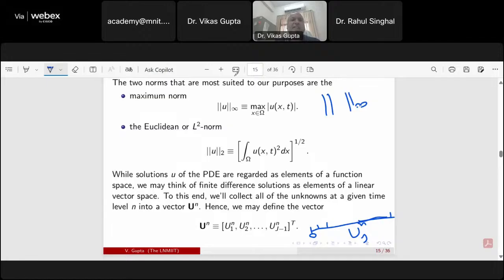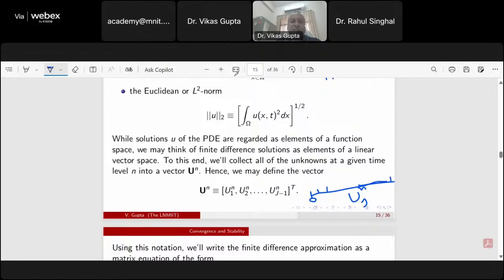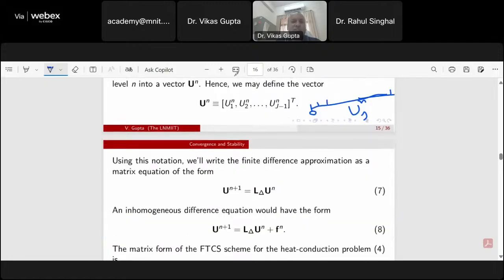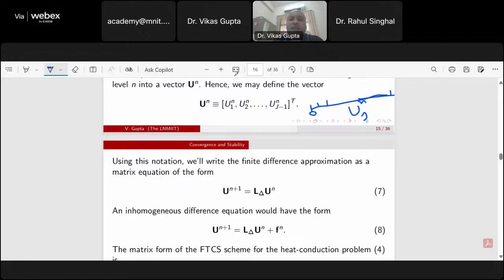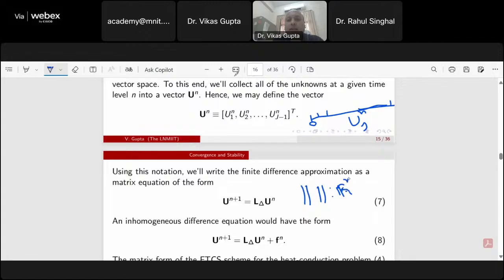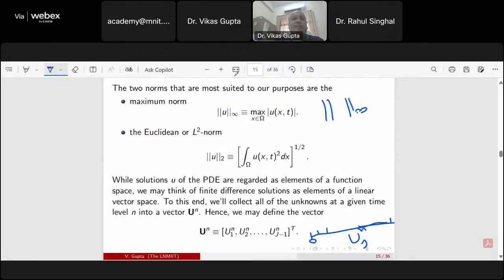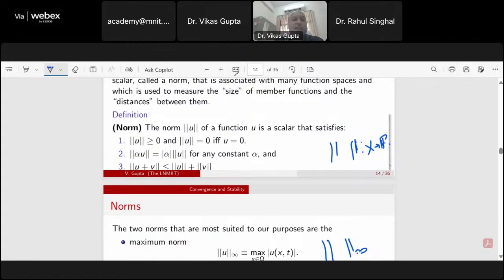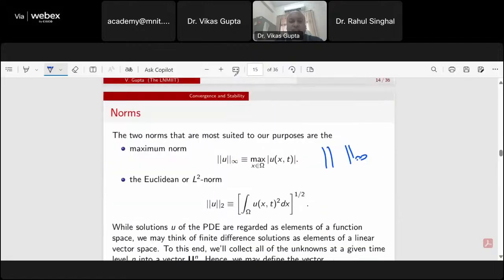So like we define the norm over the function space, we can define a norm over the linear vector space. The same kind of properties apply: if any scalar function from Rn to R satisfies the same three properties, that is norm of capital U greater than or equal to 0 and the others, then that scalar is said to be a norm for the linear vector space.